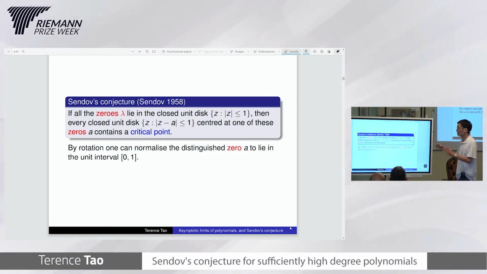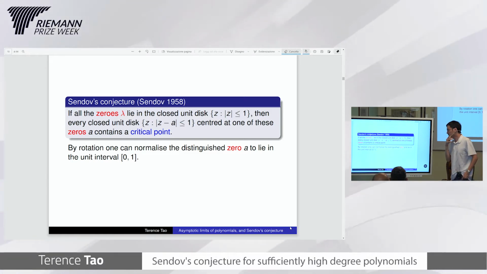If you put all the zeros in the unit disk, like we saw in the first numerical example, then the Gauss-Lucas theorem tells you that the critical points are also in the disk. But we saw from the numerics that the critical points and the zeros should actually be quite close to each other.